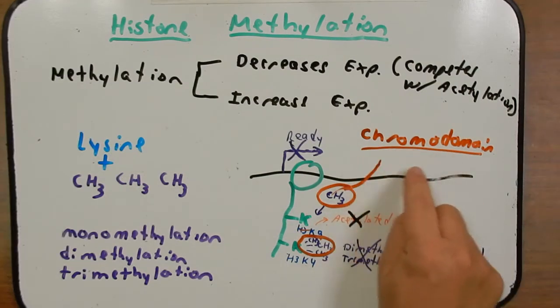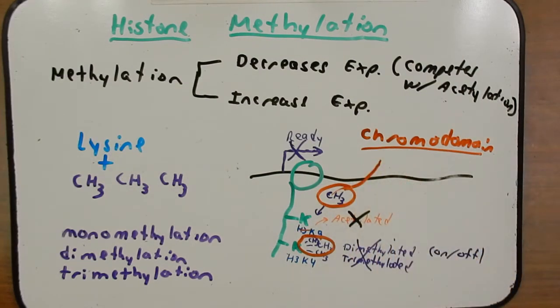When these chromodomains, or the proteins containing these chromodomains, bind to these methyl groups, they themselves don't directly increase or decrease expression, but rather there are other domains on that protein that can affect transcription, or these chromodomain proteins, when they bind, they recruit other enzymes into the mix.